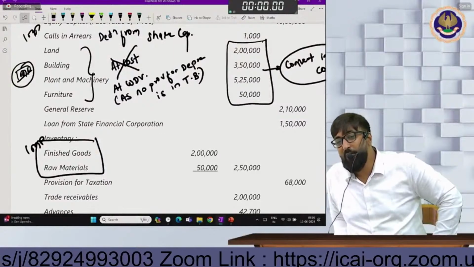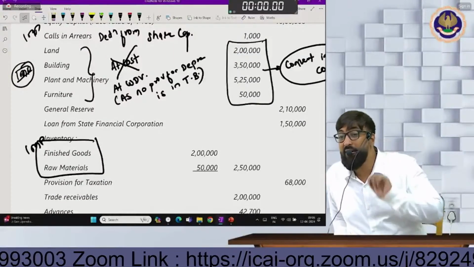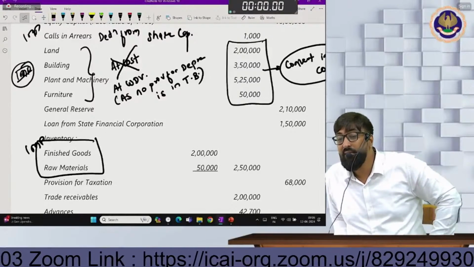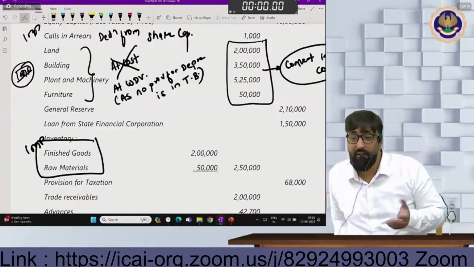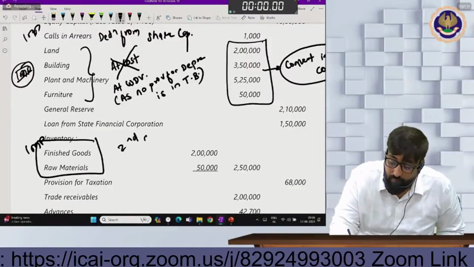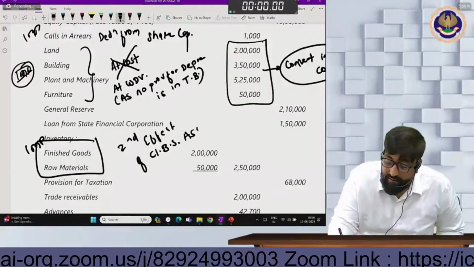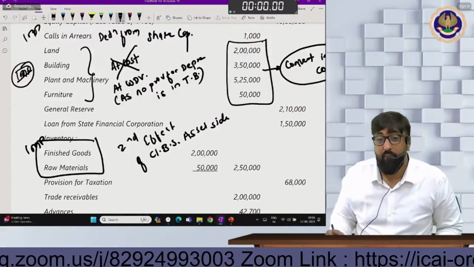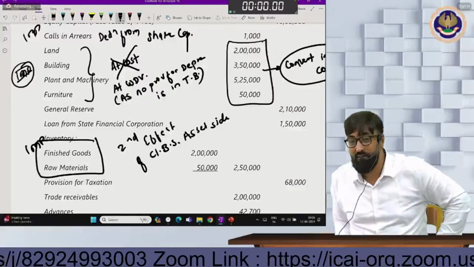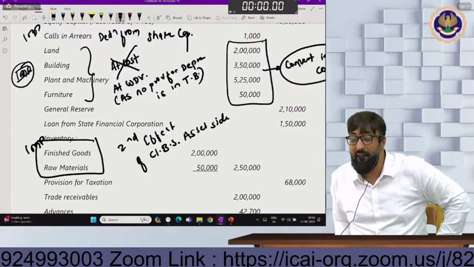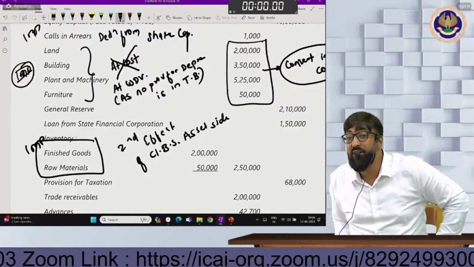So P&L is already closed, which means this inventory is of P&L or of the balance sheet? This is of P&L, sir, which is already closed. Why P&L? This is the second effect of closing, on the balance sheet asset side, because the first effect is already given in the P&L, which is closed. IMP. So this is a second effect of closing inventory, on the balance sheet asset side.